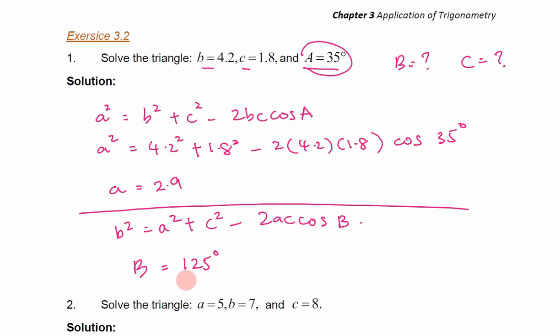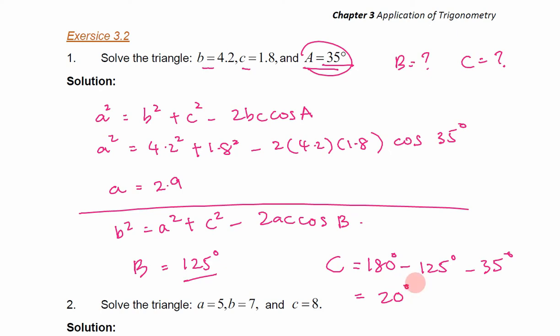Since we have two angles, 125 degrees and also 35 degrees, C is equal to 180 minus these two angles. So you get C equal to 20 degrees, right?